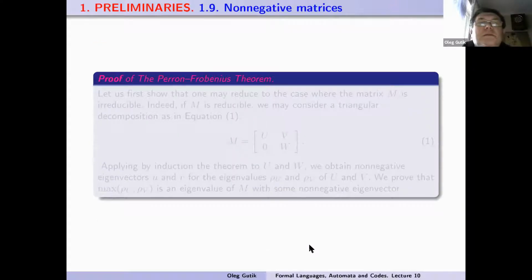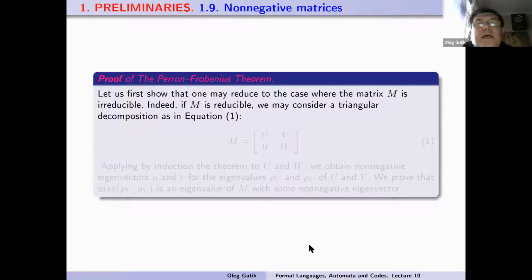Next, we shall prove the Perron-Frobenius theorem. Let us first show that one may reduce to the case when the matrix M is irreducible. Indeed, if the matrix M is reducible, we may consider a triangular decomposition as in equation 1.